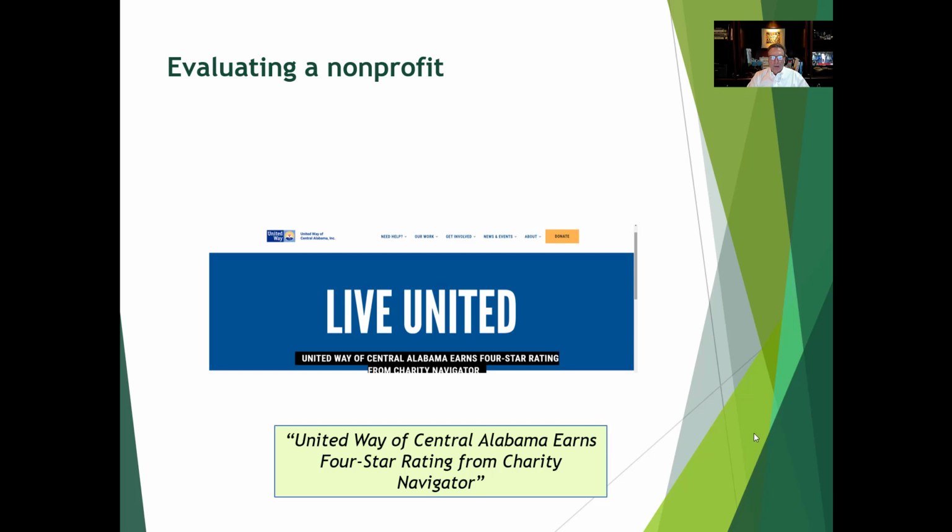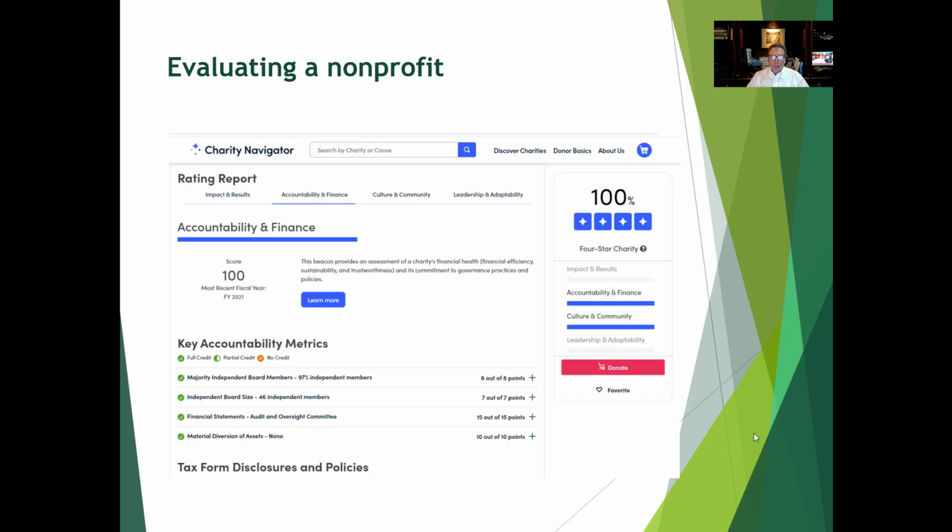If you go to the United Way of Central Alabama website, you can see that they very prominently say United Way of Central Alabama earns 4-star rating from Charity Navigator. So what does it take to get 4 stars? Charity Navigator looks at 4 areas that you can see here.